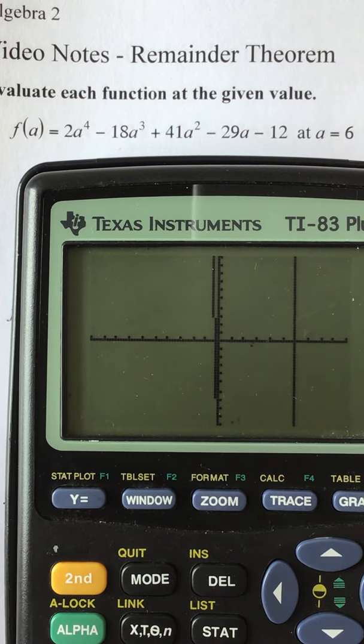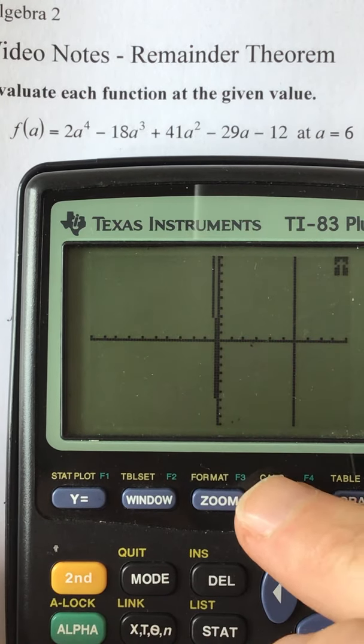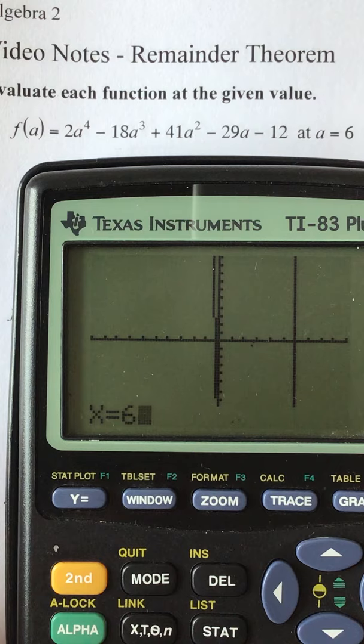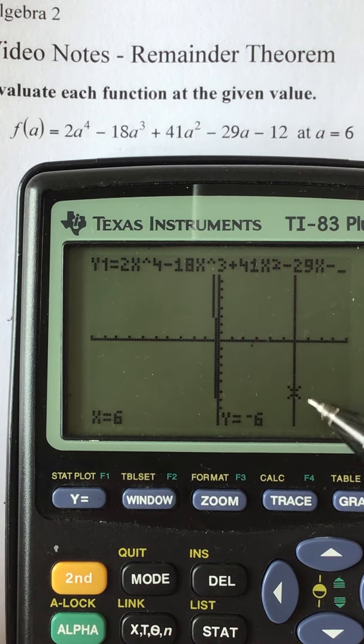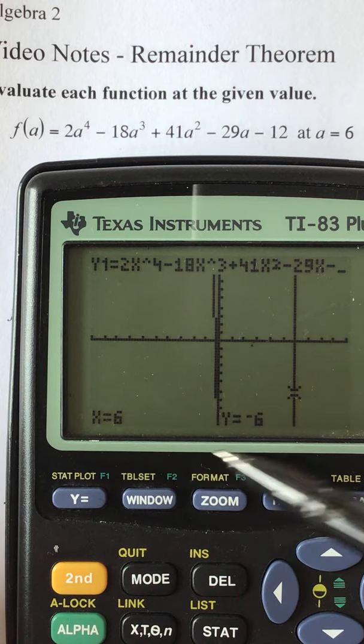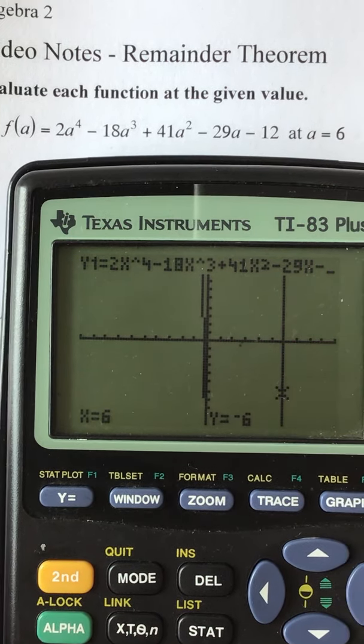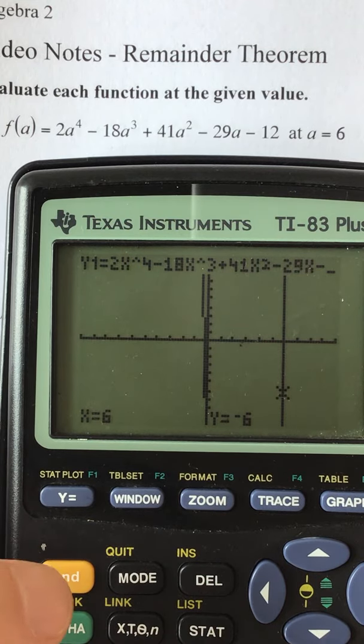So once I have that, I can do second calculate a value when x is 6. And it'll plug 6 in there and put the bug right at 6. And as we can see, when x is 6, the answer is -6.